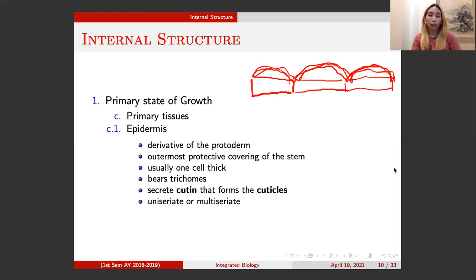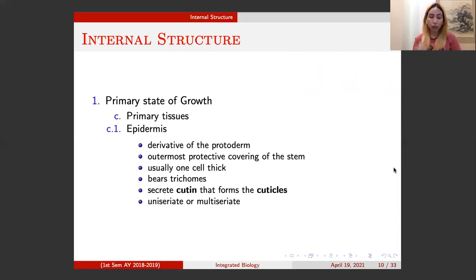They are a protective layer of the epidermis that protects the plant from desiccating, so that water doesn't always escape, because of course the stem is exposed to the outer environment. And as mentioned earlier, it can be one cell thick, which is uniseriate, or more than one, which we call multiseriate epidermis.